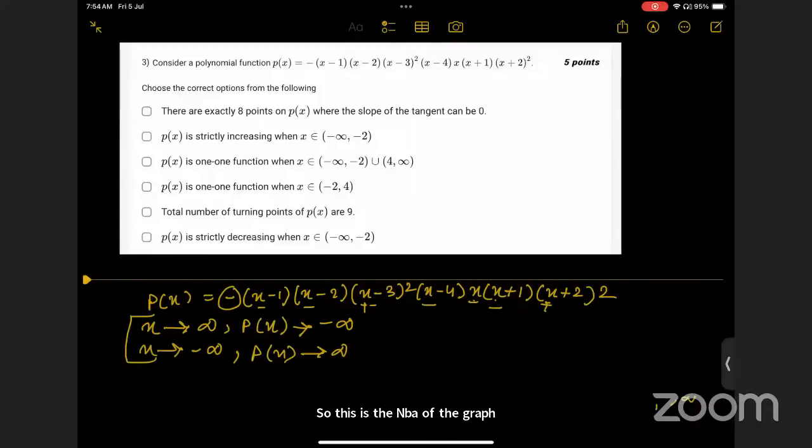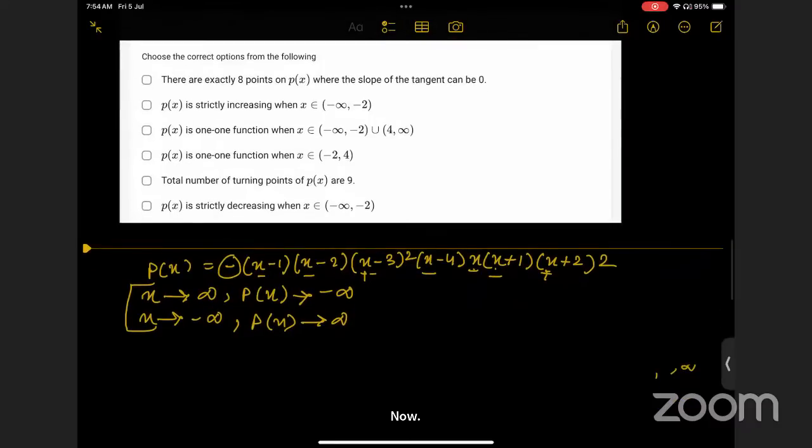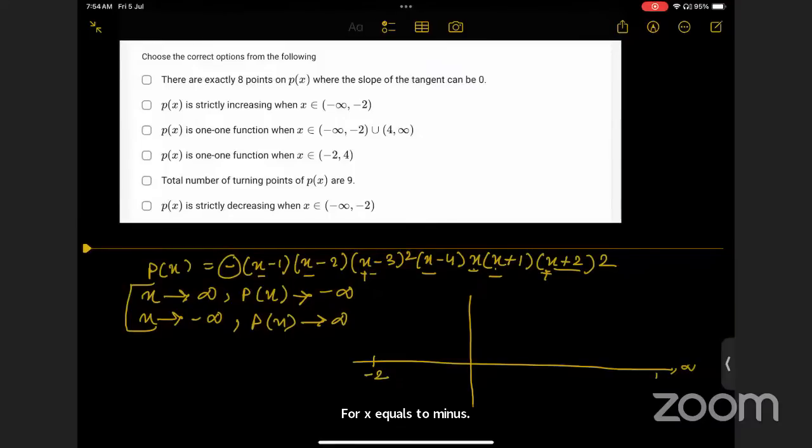Now we can plot the graph. So for x equals minus 2, this will be something like that. For x equals minus 1, we have this. And then for x equals 0, we have this.